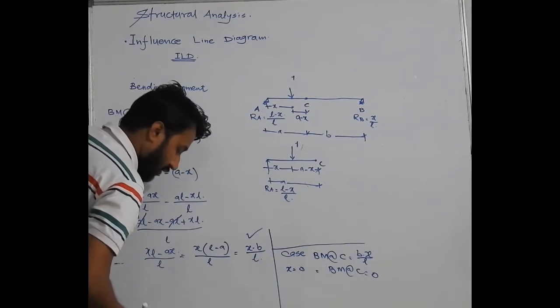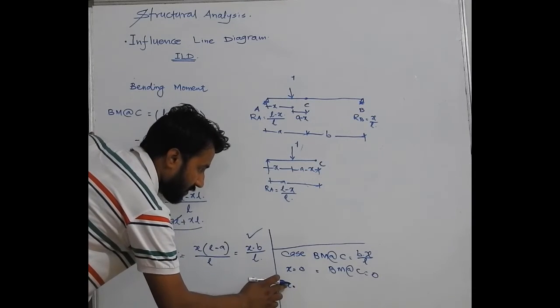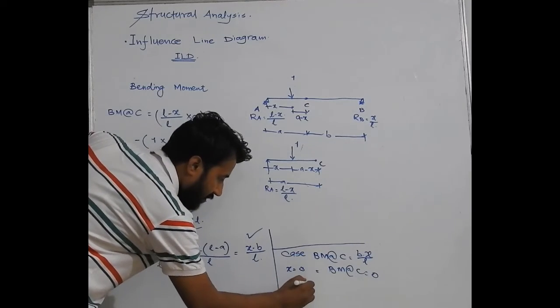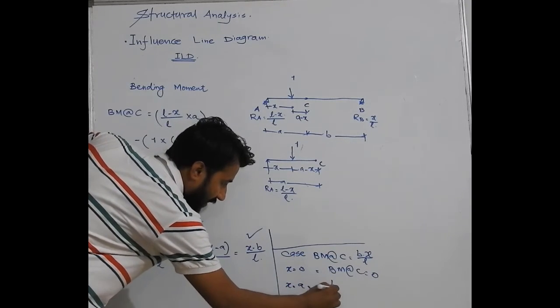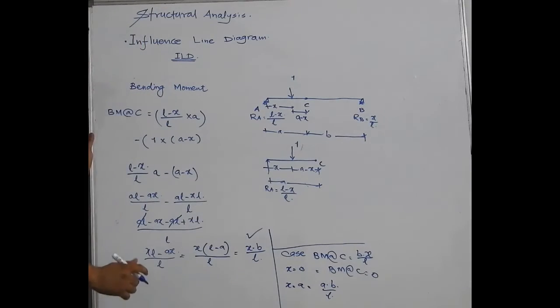Now if you put the value X equals A, this will be equal to AB by L, and at point B again the bending moment will be 0.